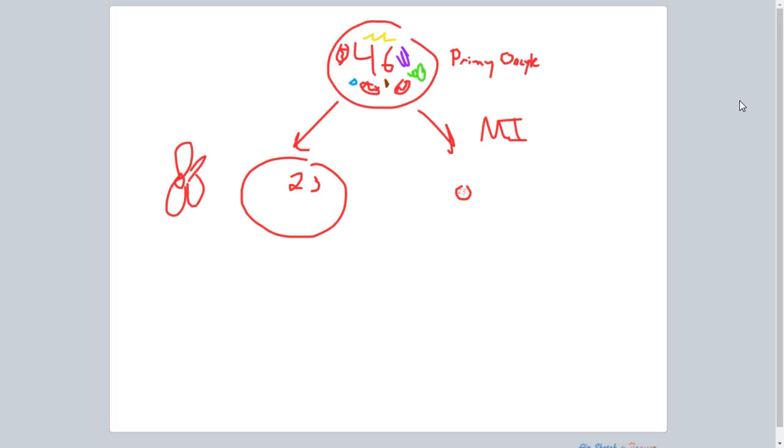But all of the mitochondria, all of the ER, all of the Golgi, and all of the organelles go into one single cell, a cell we call the secondary oocyte.